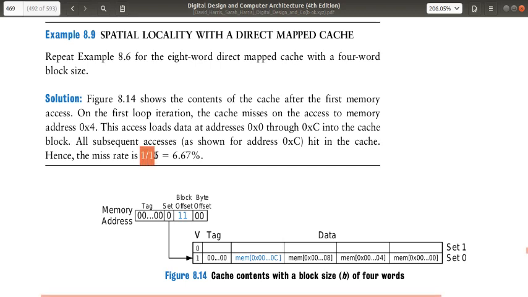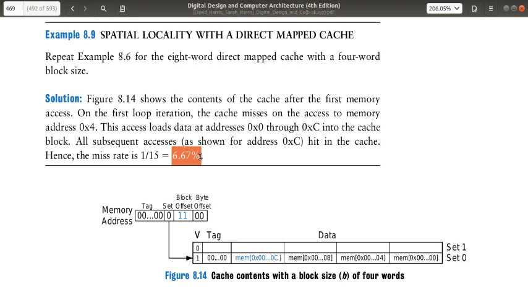Therefore, the miss rate is 1 by 15, which is 6.67%. Originally, with simple direct mapping, it was 20%. Now we are again using direct mapping, but we have increased the words per block, and the miss rate has come down to 6.6%.